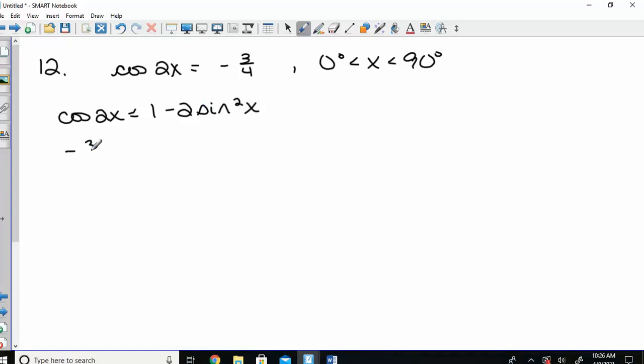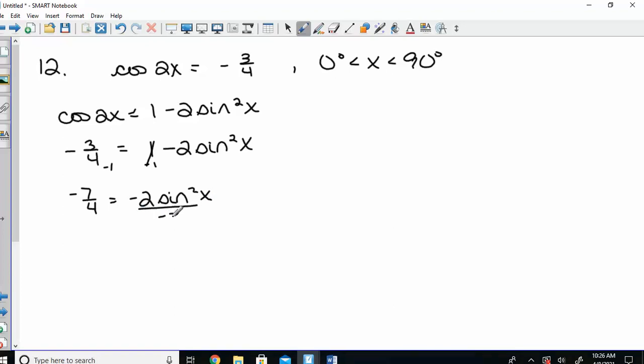Cosine of 2x is negative 3/4 equals 1 minus 2 sine squared x. Subtract our 1. Divide by negative 2. That will give me a positive 7/8.